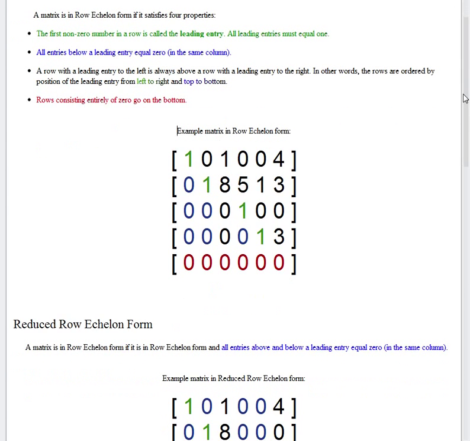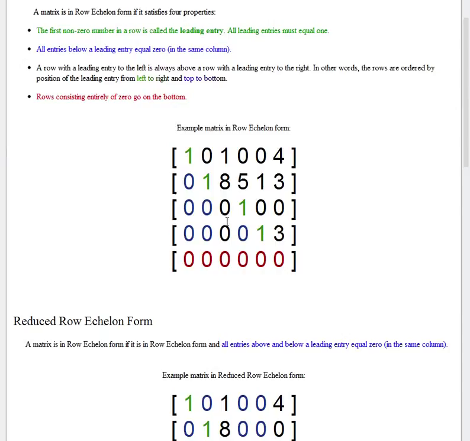The first thing it needs to do is have all the leading entries be 1s. A leading entry is the first non-zero number in a row. So basically you look from left to right, and the first thing that's not a 0 has to be a 1 in every row.